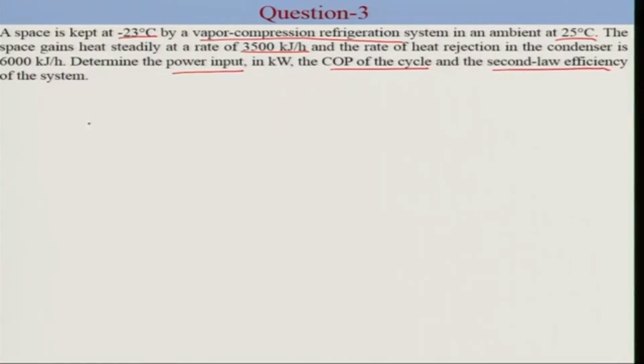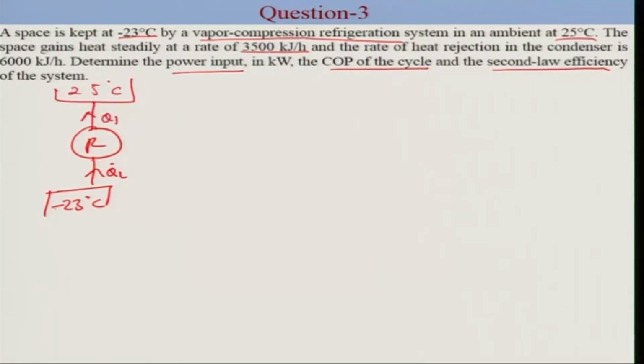So, if we see the process, it takes heat from the space which is at minus 23 degree centigrade, and rejects it at 25 degree centigrade. We have to calculate power input, COP of the cycle, and second law efficiency of the system.